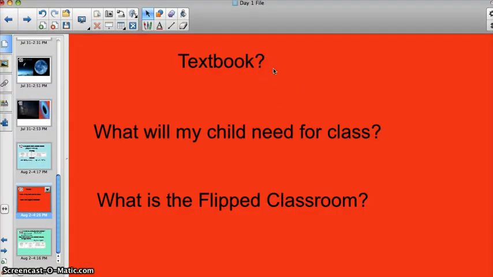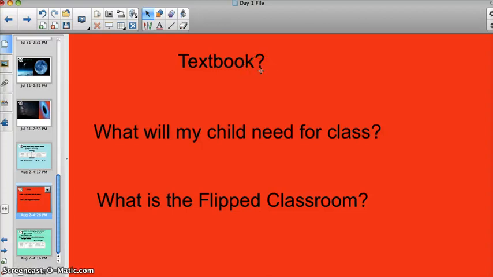Textbook. Our textbook in this particular class is kind of used as a reference book. Sure, we're going to look at it some, but since we are not going to dive into it as much as you might in other classes, I'm not going to issue the textbooks. We have a class set that is in class.